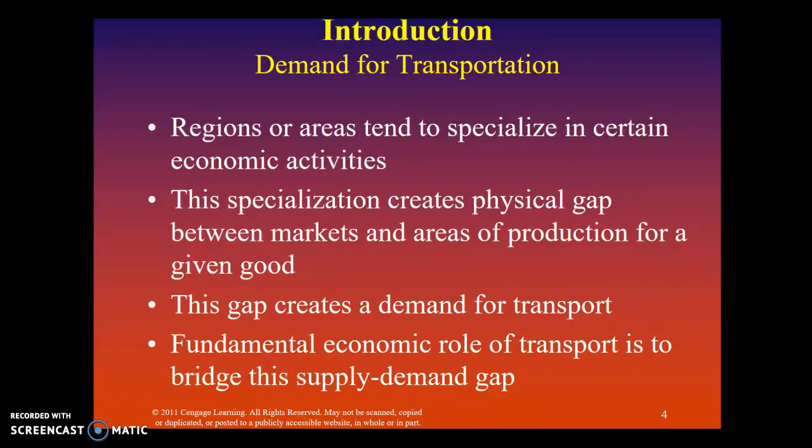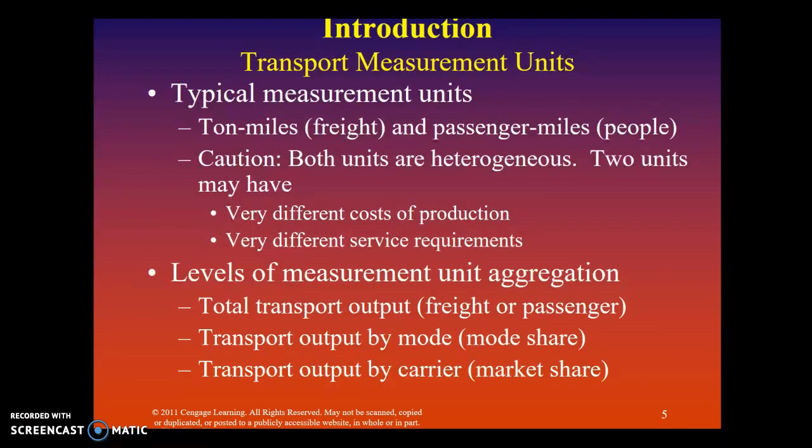As we go back to introduction to business, we have the fundamental cornerstone of supply and demand, and we can apply that to our own region. When we think about measurement units, we measure goods by ton miles with freight and passenger miles with people.